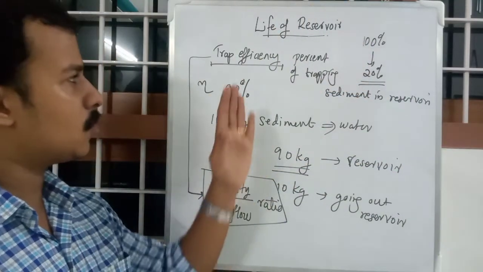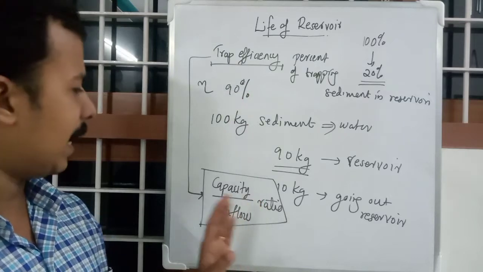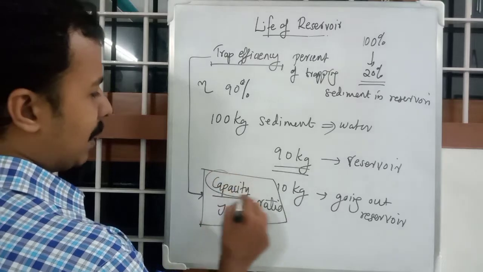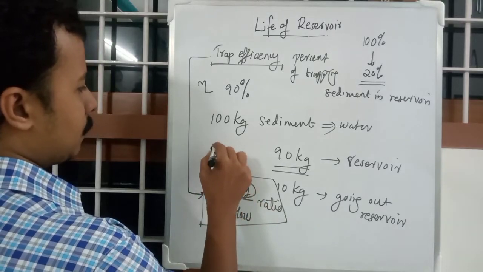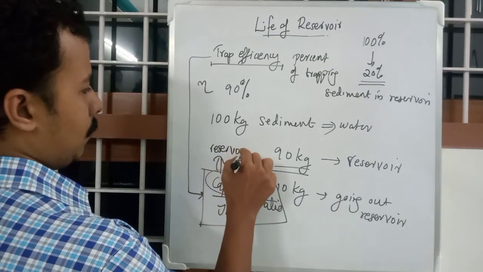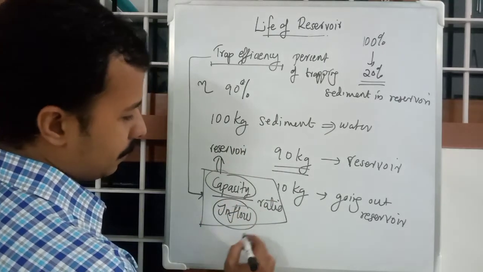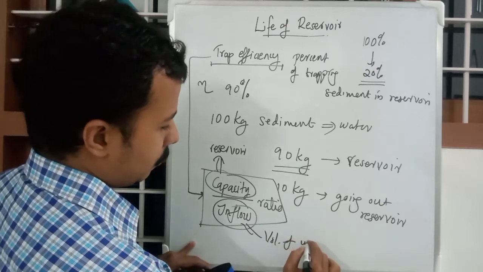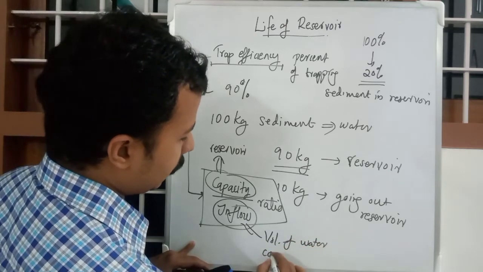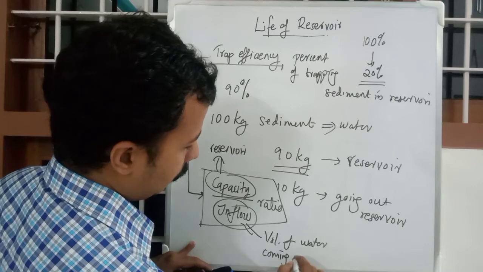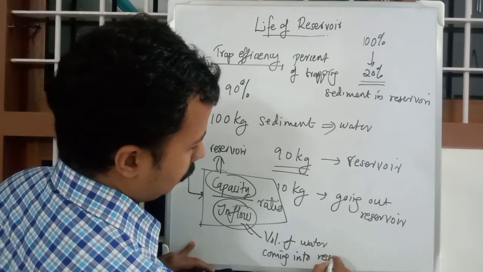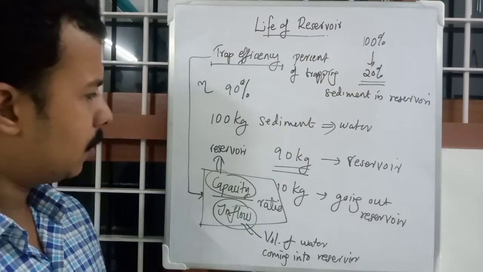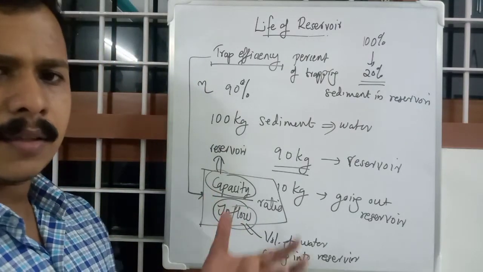Okay, so I hope you understood these 2 things. Capacity by inflow: the capacity is the capacity of the reservoir and inflow is the volume of water coming into the reservoir in a year.